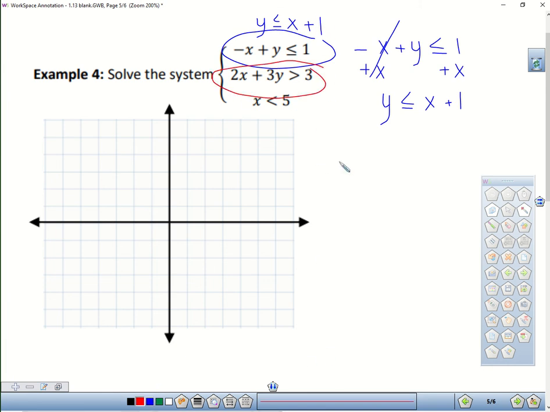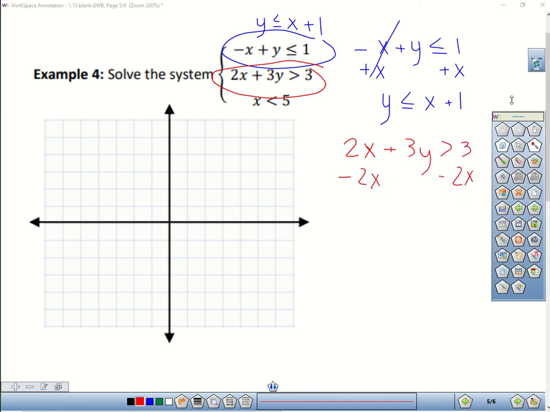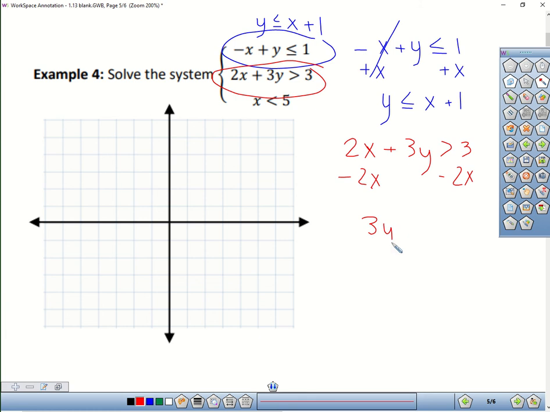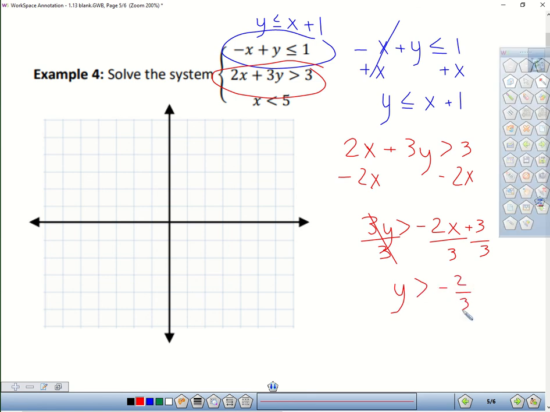And then with the red, I'm going to do the same thing, solving to get it into slope-intercept form. So I get this.